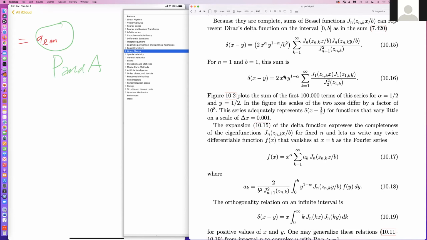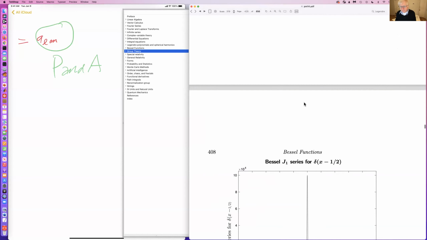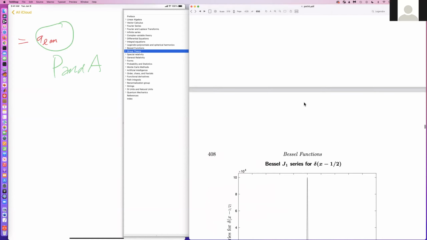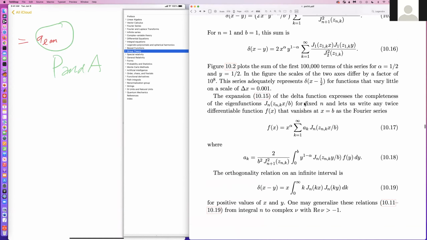So this is square root of x, square root of y. And then did the sum. And let me just say, what is the sum? The sum is on k. So these are all the zeros, the first zero, the second zero, and so forth, of the first Bessel function. And the normalization factor is the second Bessel function squared at the zero of the first Bessel function. So this is a zero of J1. It's not a zero of J2.